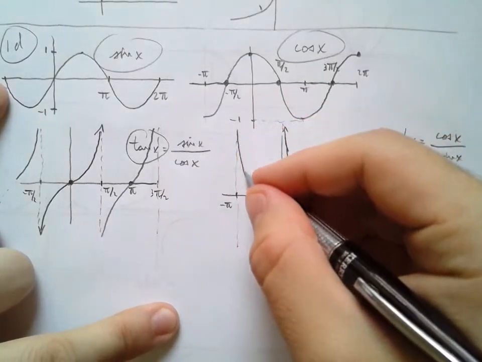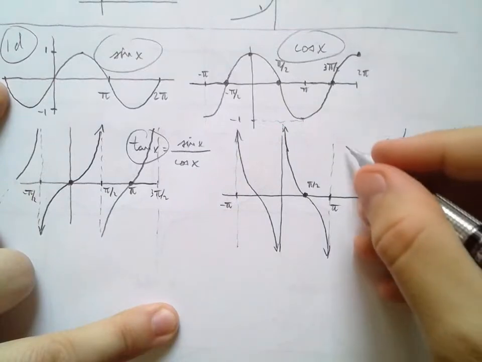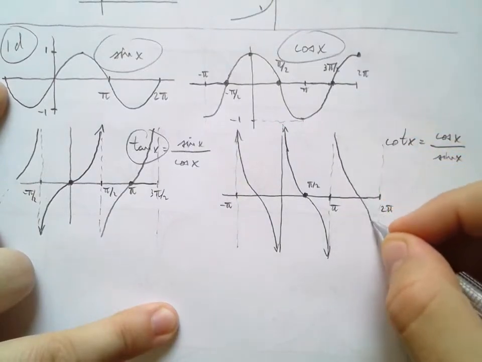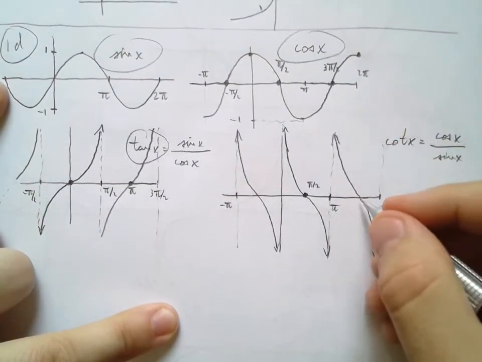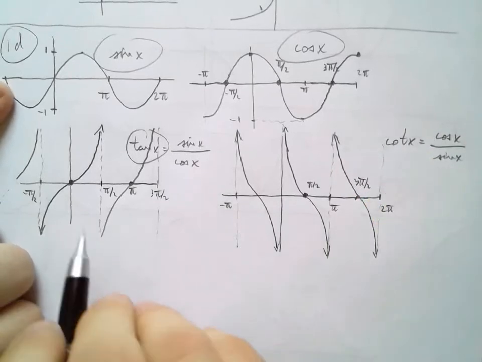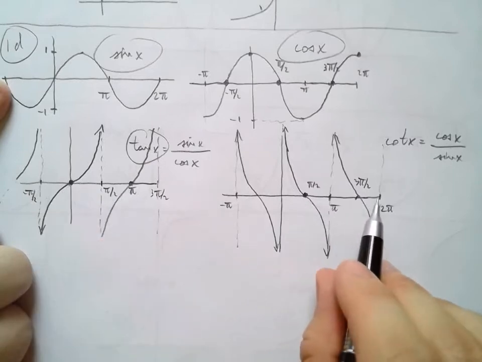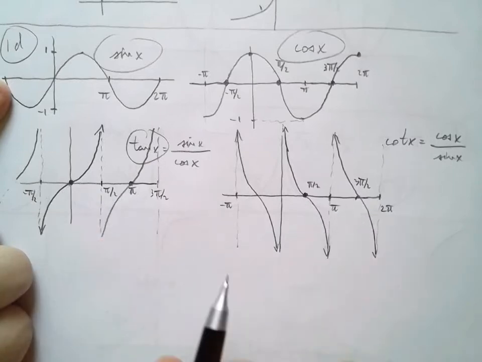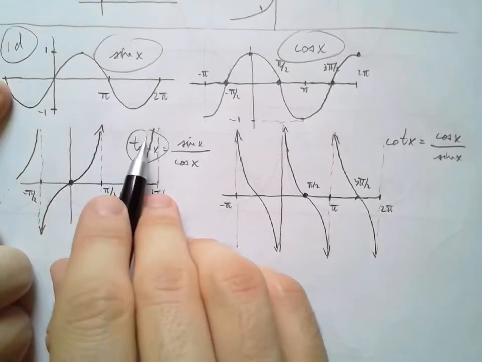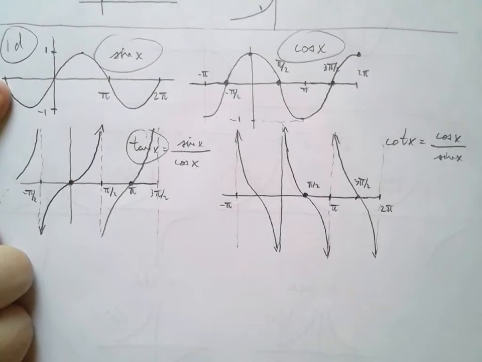And of course it's periodic, meaning it just repeats, just like the sine and cosine graph do. Okay? So notice that the zeros of the tangent graph become the asymptotes of the cotangent graph, and vice versa, right? The asymptotes of the tangent graph become the zeros of the cotangent graph.